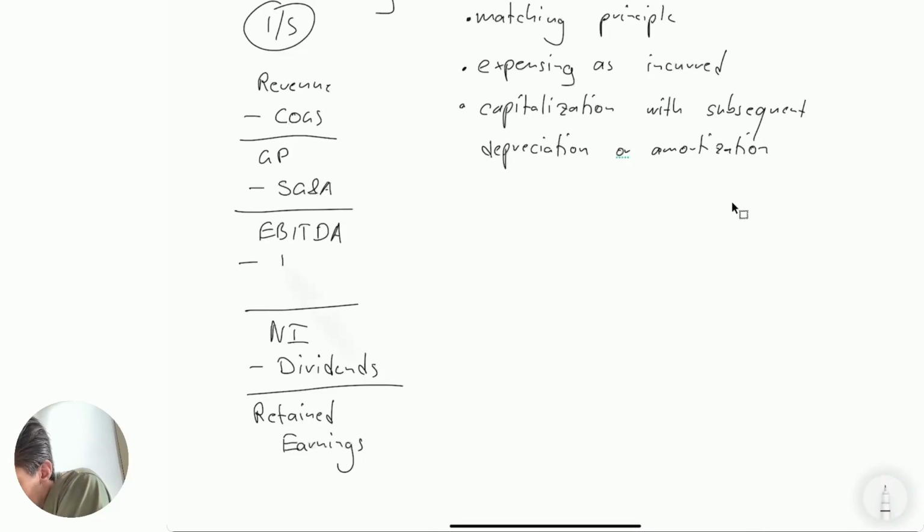Revenue, cost of goods sold, gross profit, SG&A, EBITDA, minus D&A, EBIT, and so on. We leave this blank, don't need to go into detail. Then you have EBIT, then you deduct interest, tax, and so on, net income, dividends, retained earnings.